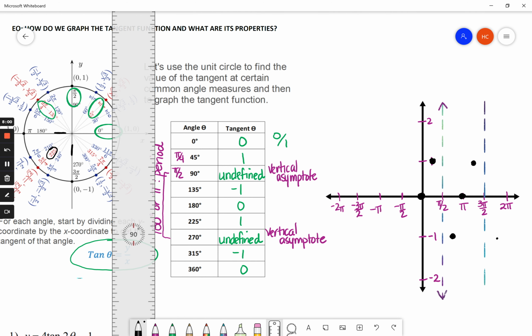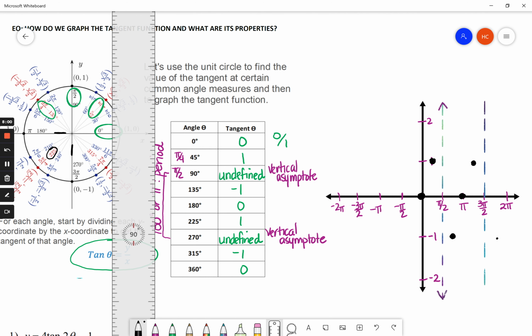They look like cubic functions, okay? So this one's going to go all the way up. And based on our pattern, we would have had a dot right here, so it's going to be all the way down. And it gets really, really close to our vertical asymptotes.